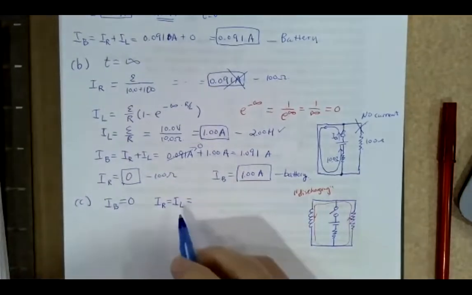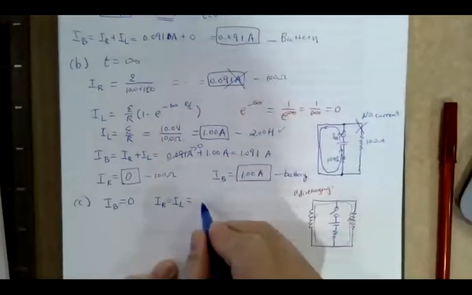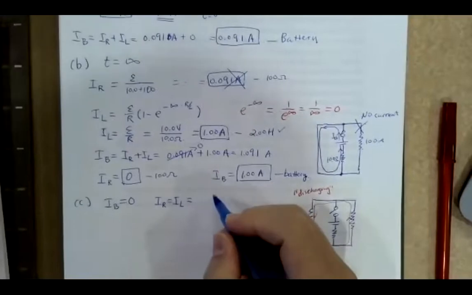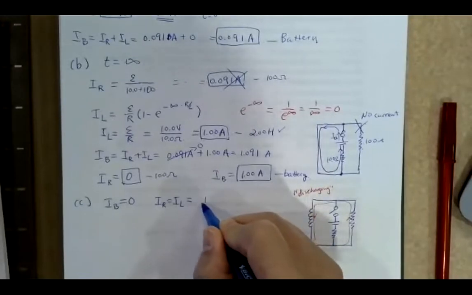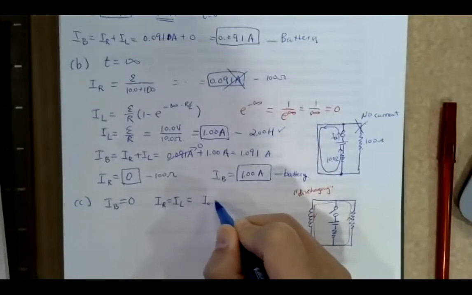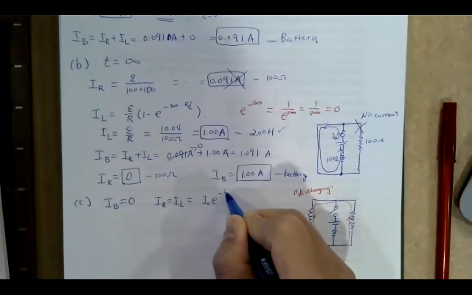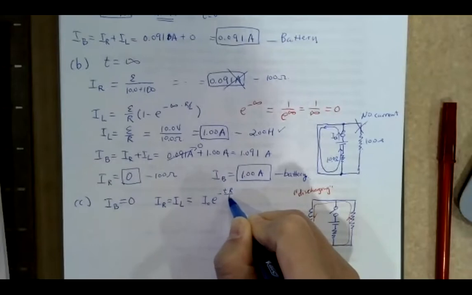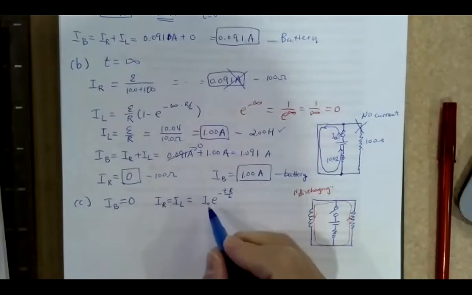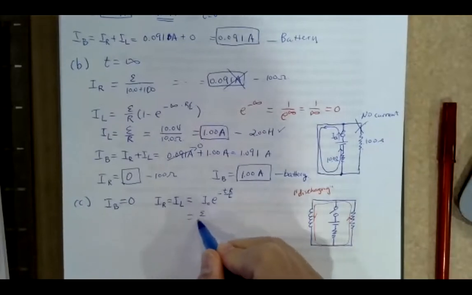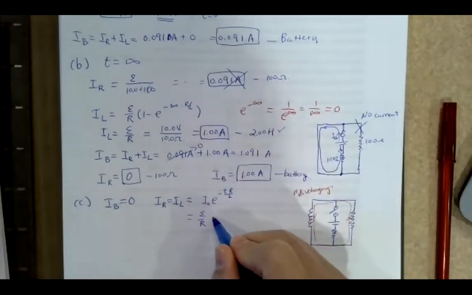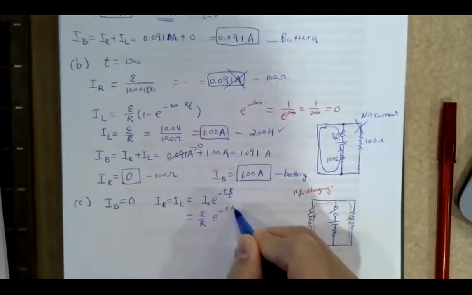And for the inductor, this is a discharging process, so it's I naught times exponential of minus t over tau, or minus t times R over L. Either way, this is epsilon over R, which is 1.0, times exponential of minus tR over L.